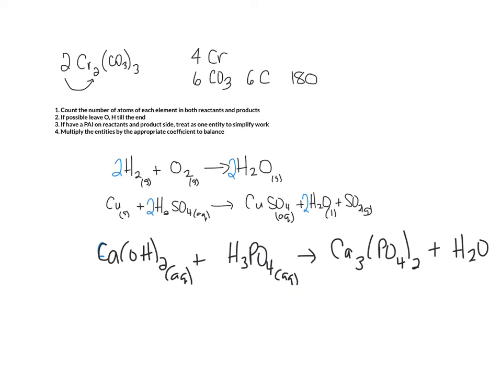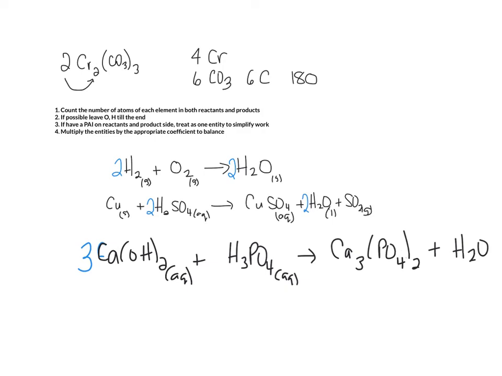Okay, so start with something that's not oxygen and not hydrogen. So let's start with calcium. We have 1 calcium here. We have 3 here. So we know we will probably need to put at least a 3 over here.